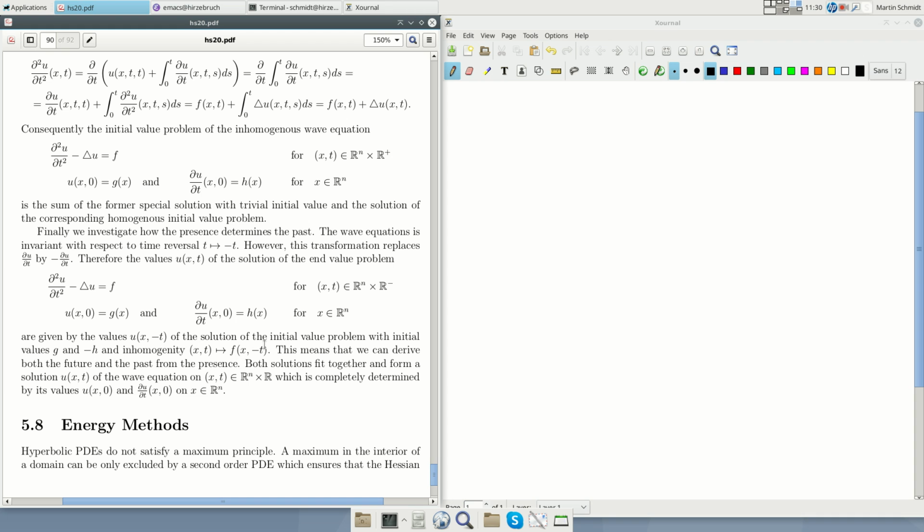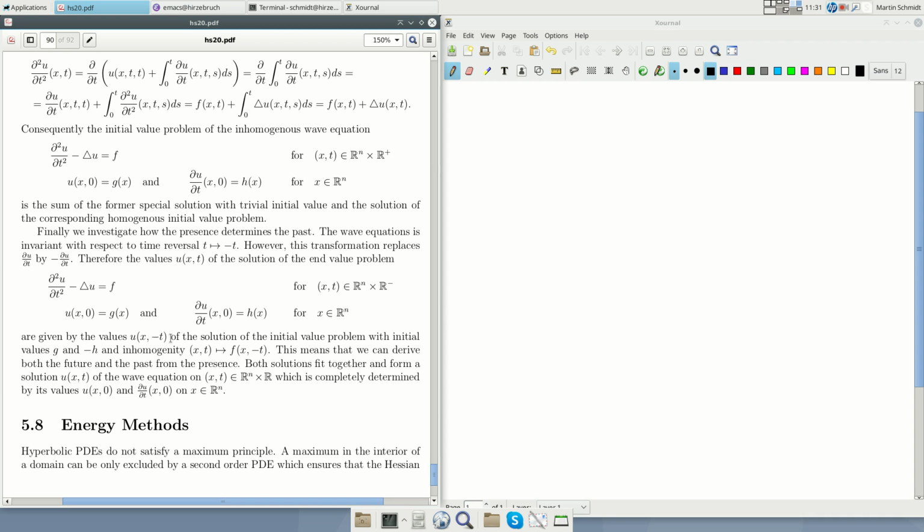we transform just by time reversal, and then we obtain a solution of this initial value problem, and now we insert positive times in this solution, but for negative times.